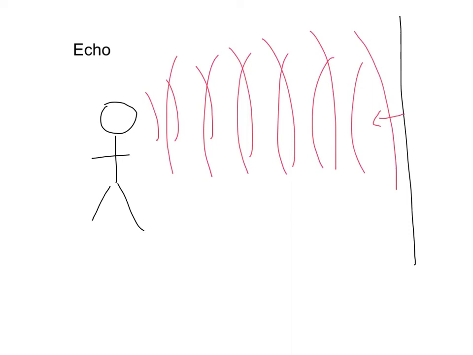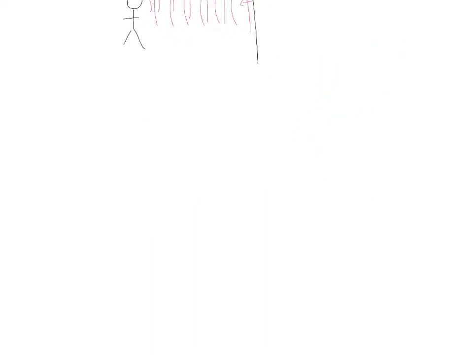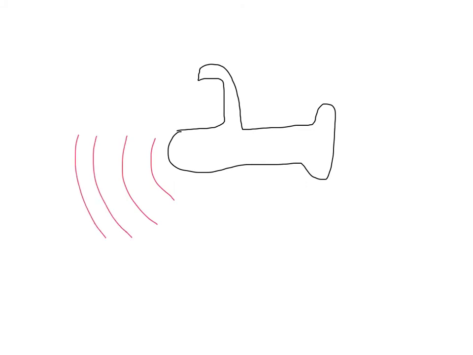For example, sonar. Now sonar is something that submarines have, where, well, let me just draw a submarine. Okay, that's not a great submarine. And what they do is they keep emitting these ultrasounds and see if they come back.